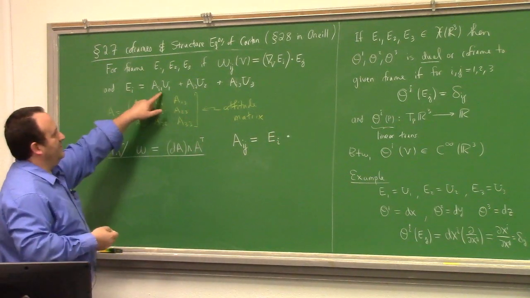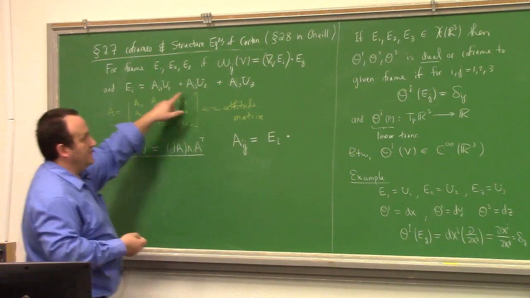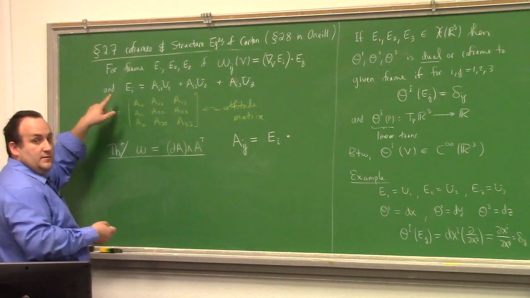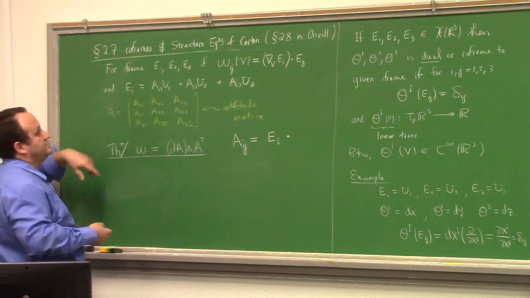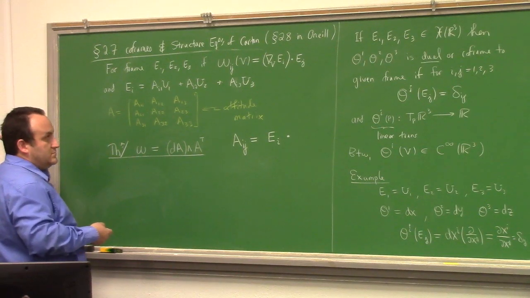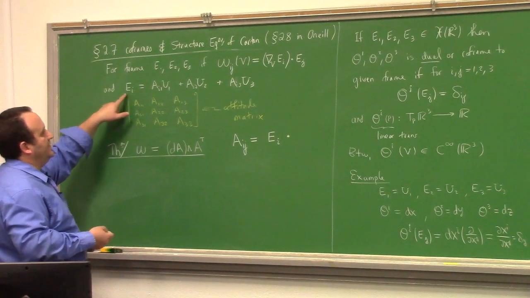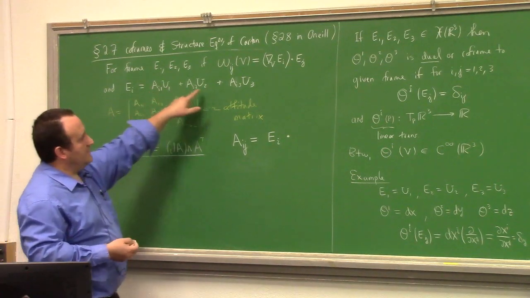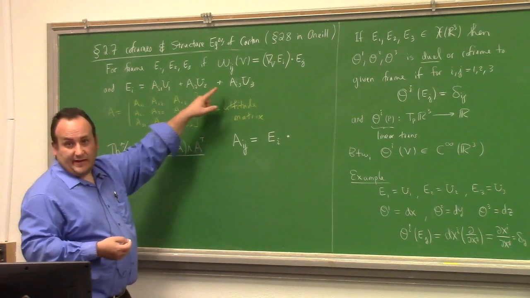If I want to put a j in the second component, I should take the dot product of this equation with uj. That will select aij.